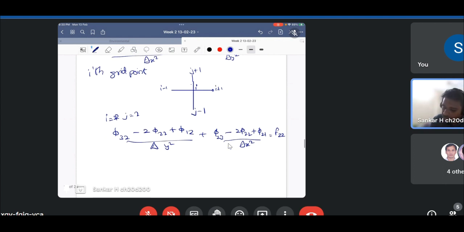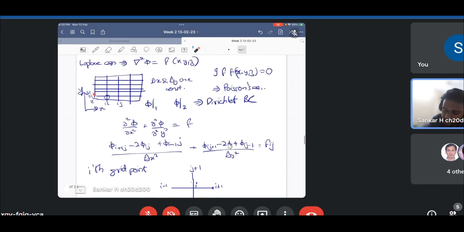So when we solve this, we see that phi 1 2 and phi 2 1 are all given by the boundary conditions as shown here.